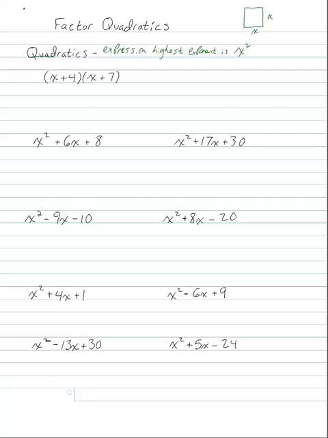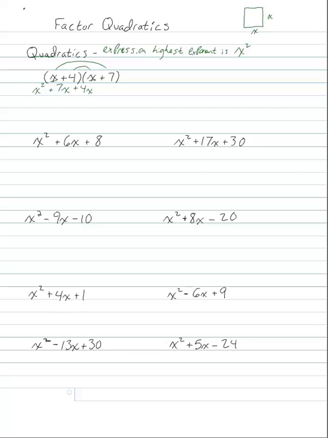So we've seen quadratics. When we were FOILing, we saw quadratics quite a lot. If I FOIL, I multiply the first times the first, so x times x is x squared. Outer, x times 7 is plus 7x. Inner, 4 times x is plus 4x.